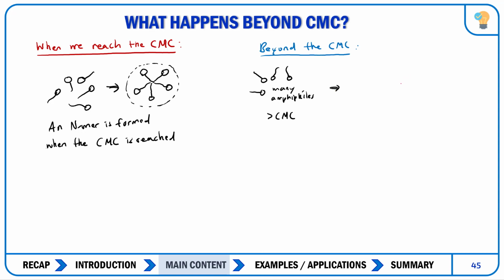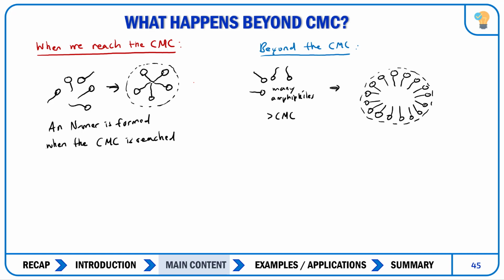So what would happen here is possibly the formation of, first of all, we have one layer like this, so it kind of matches this over here. We have an n-mer that's formed, but then we have so many more amphiphiles that we can use.